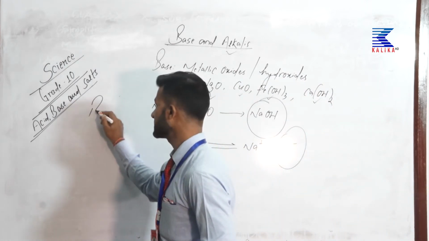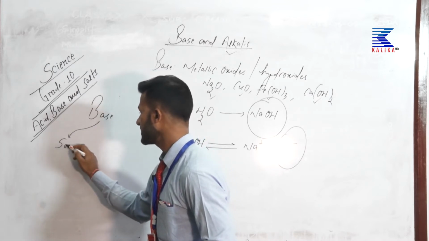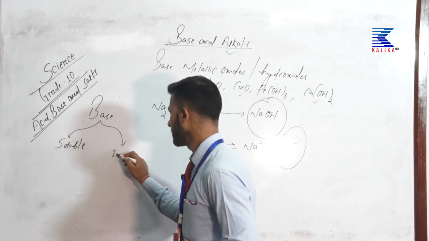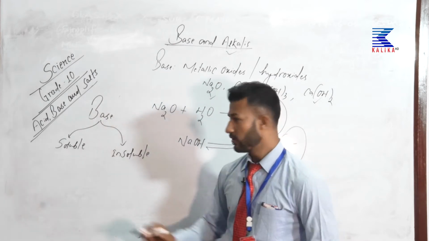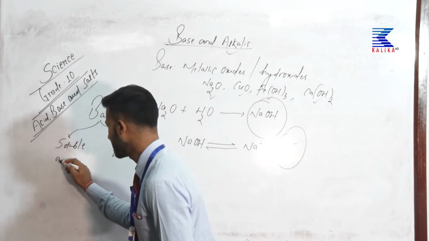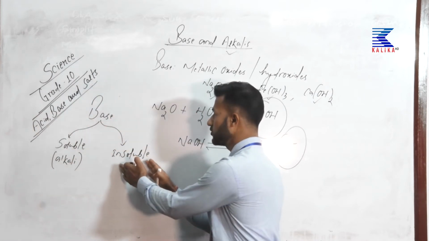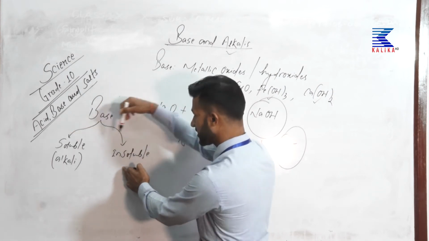That is why bases are of two types. Number one, soluble bases, and number two, insoluble bases. Only soluble bases are alkali. We can write alkali here. But insoluble bases are not alkali, means all the bases are not alkali.